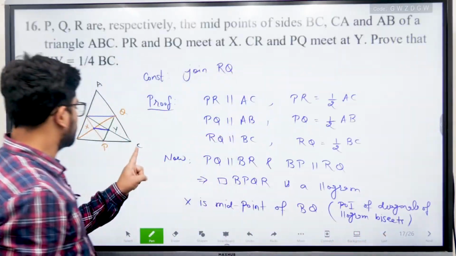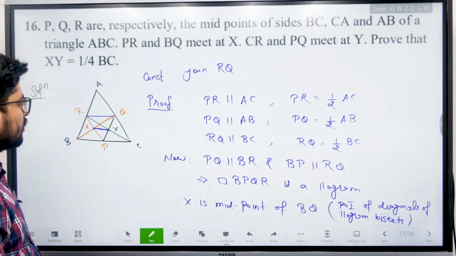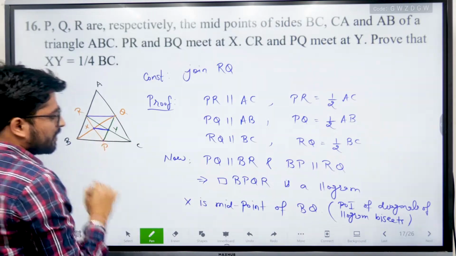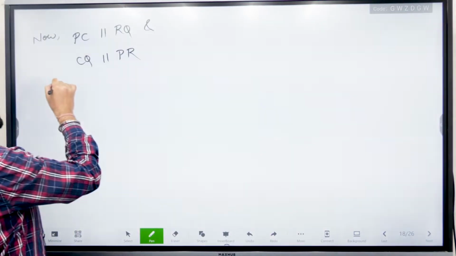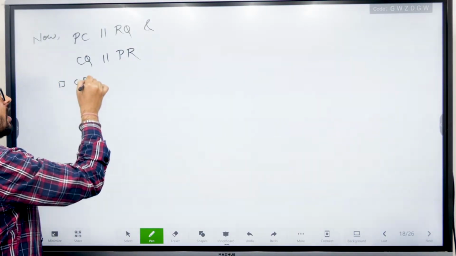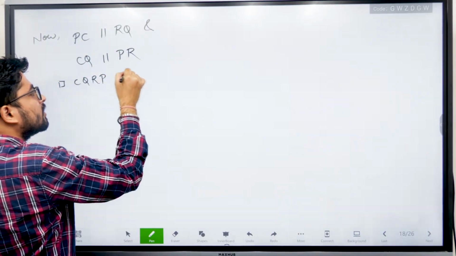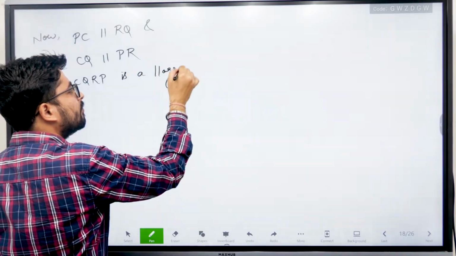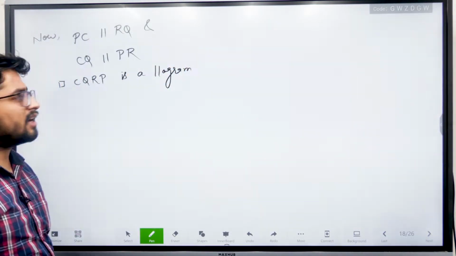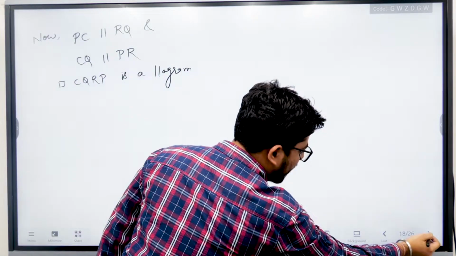Yes, CQ is parallel to PR. So you can say CQRP is a parallelogram. This is a parallelogram.